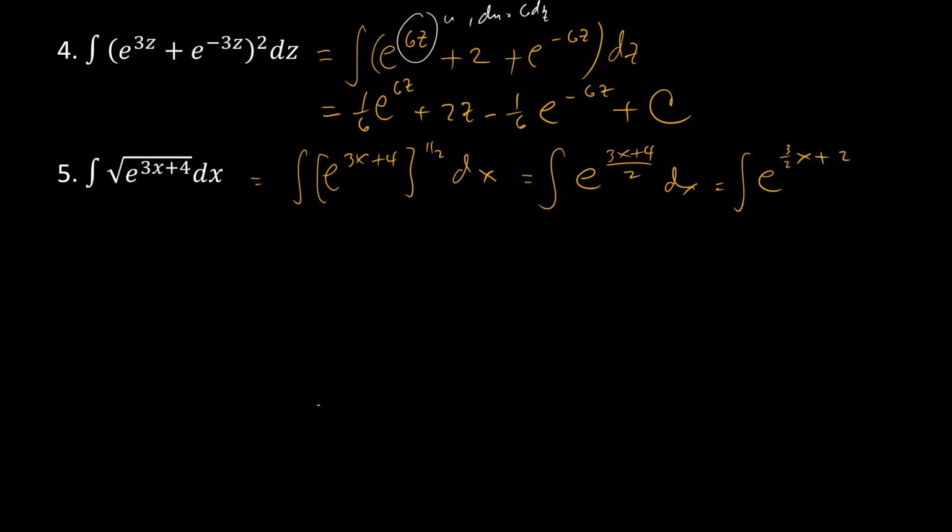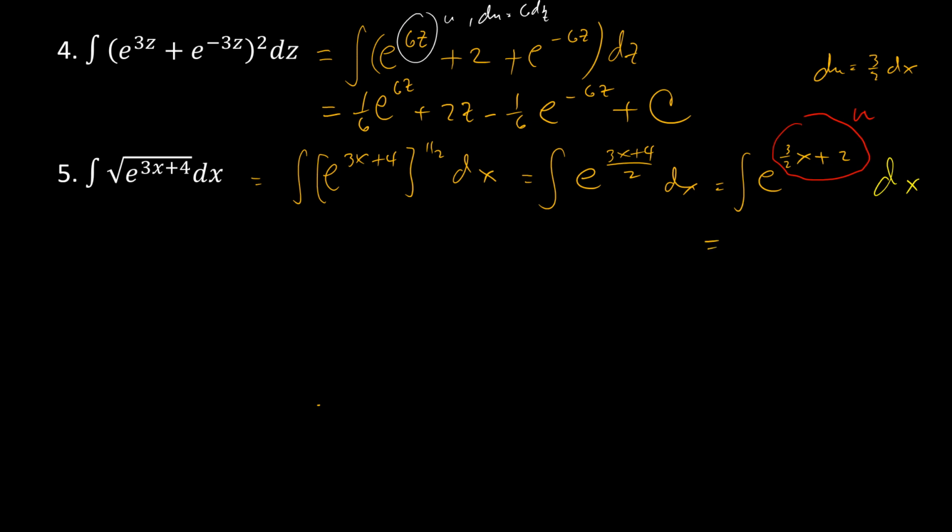So obviously our u here is 3/2 x plus 2. Of course there is a dx here, right? So if that is your u, your du is 3/2 dx. So it lacks 3 halves to complete our du.